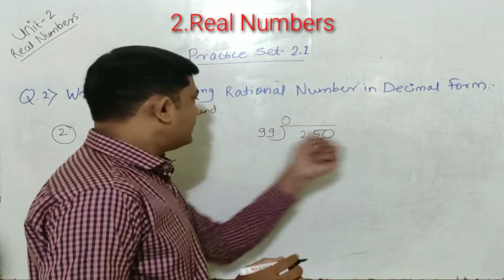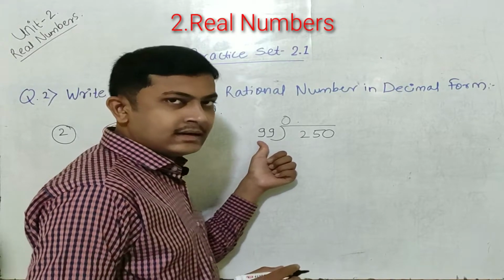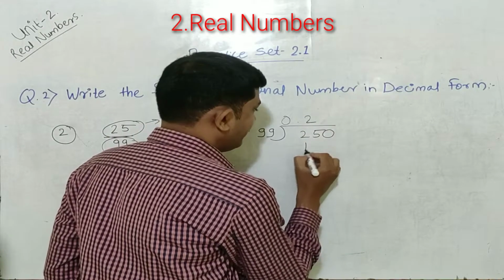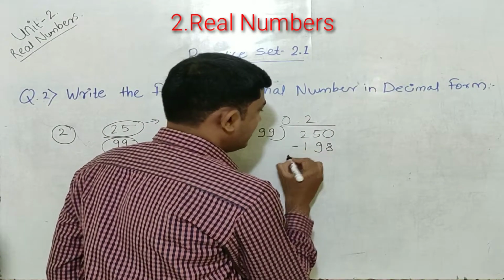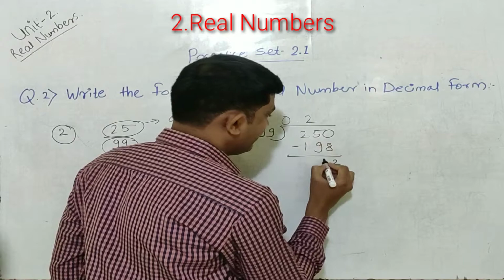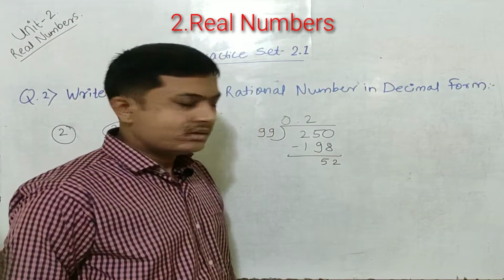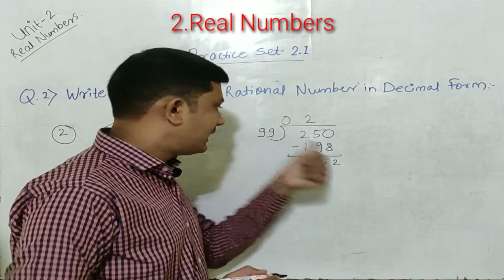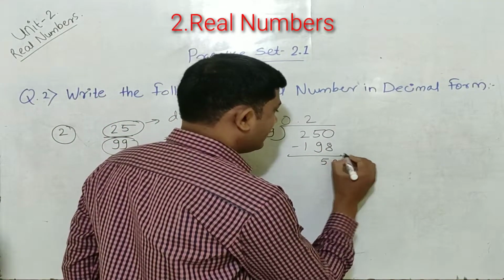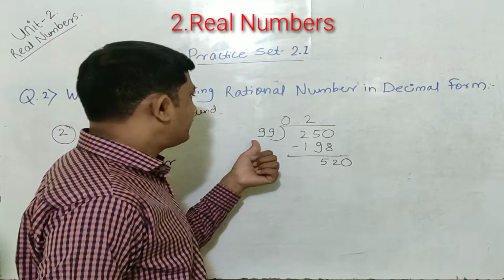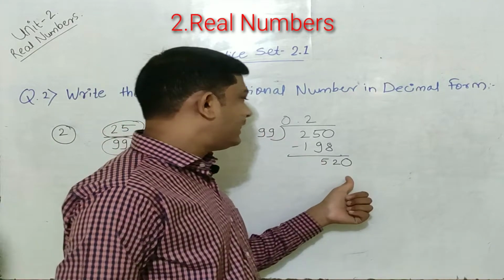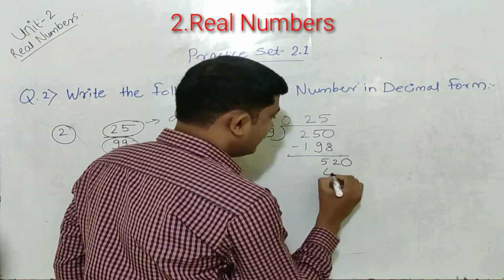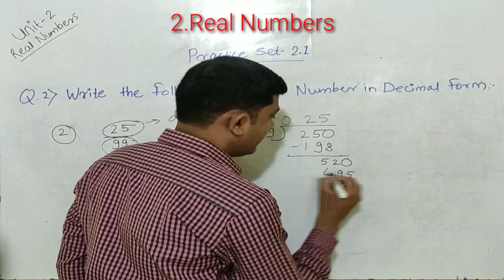Then 99 ones are 99, 99 twos are 198. Here remainder is 52. Again 52 is less than 99, so division is not possible. Again take here 0. Then 99 fives are 495.